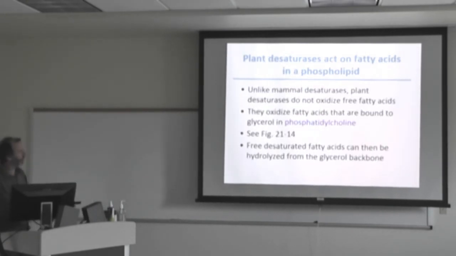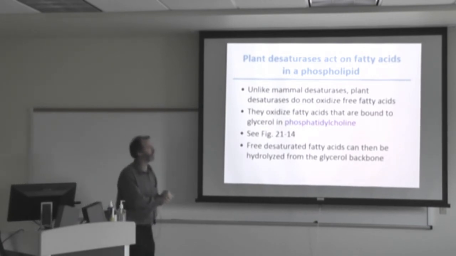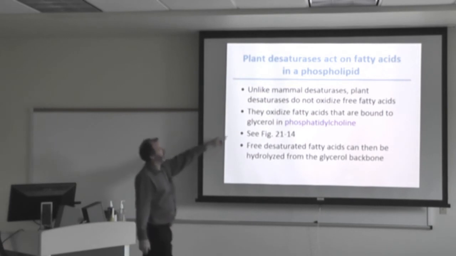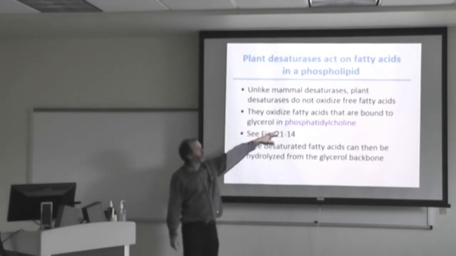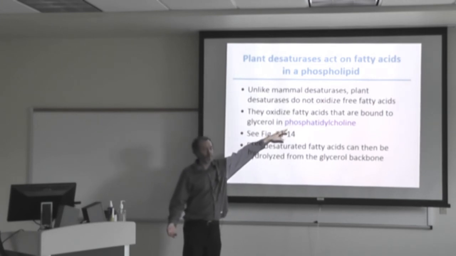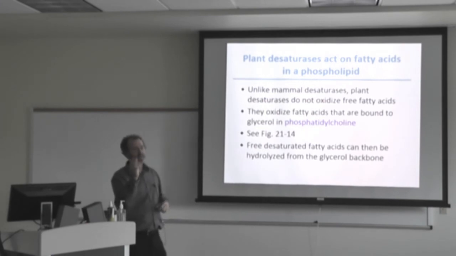So, unlike mammal desaturases, plant desaturases do not oxidize free fatty acids. They oxidize fatty acids that are bound to glycerol, such as phospholipids. So phospholipids, they can just oxidize the fatty acid right there in the phospholipid.